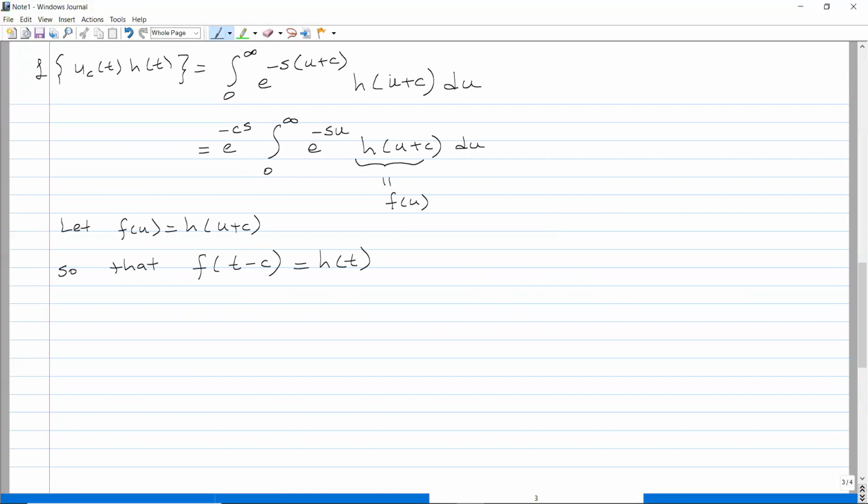So if I let f of u be h of u plus c, then h of t is f of t minus c. Now, the Laplace transform of u_c(t) h(t) is e to the minus cs times the integral of e to the minus su f(u) du. But now u is just the variable of integration.